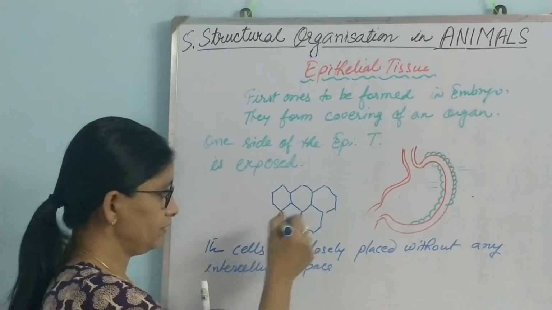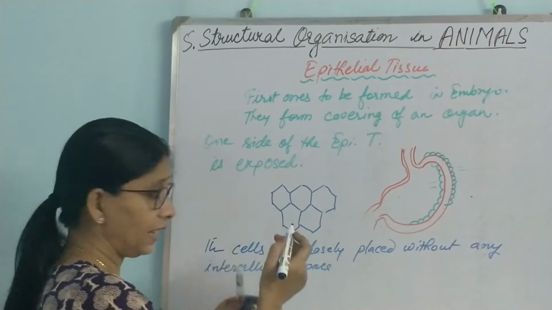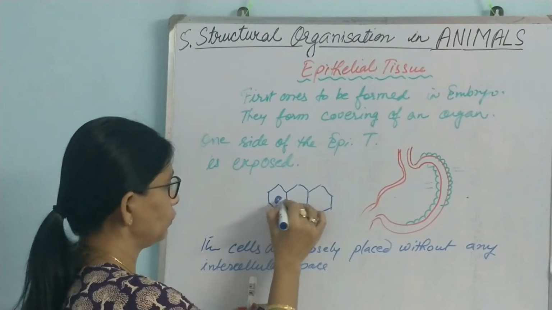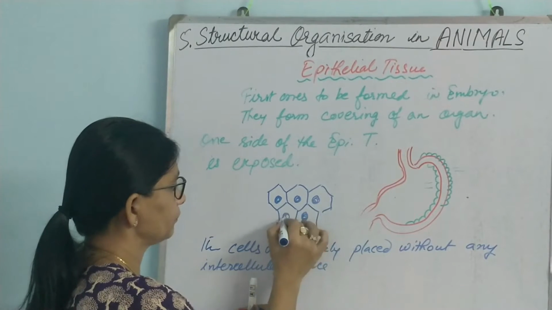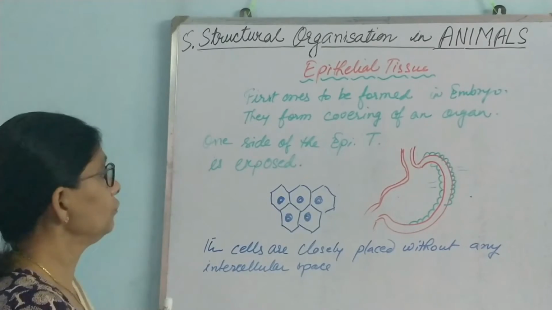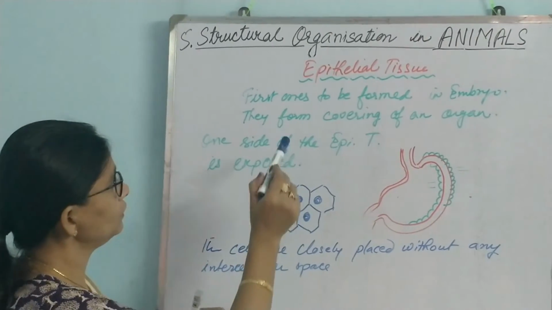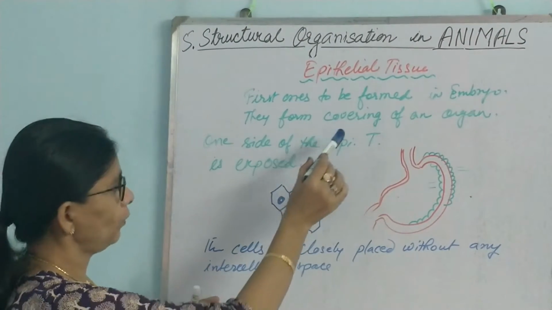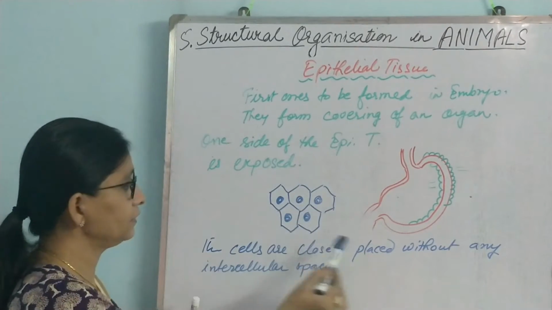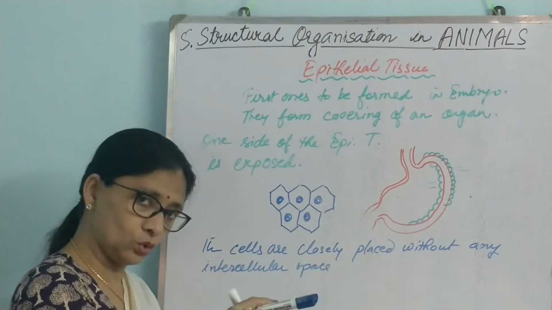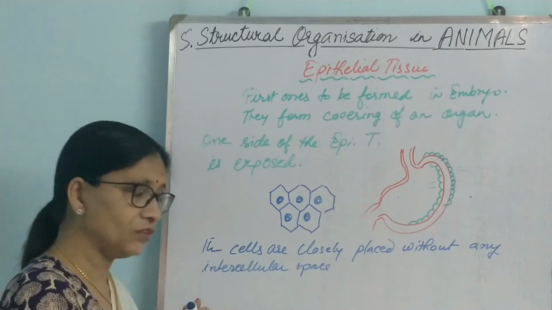So here we see that the cells are placed very tightly. They are tightly packed, and they have a prominent nucleus. So this is another feature. One feature was they form the covering of the organ, and one side is always exposed. Secondly, the cells are placed close to each other without any intercellular space.